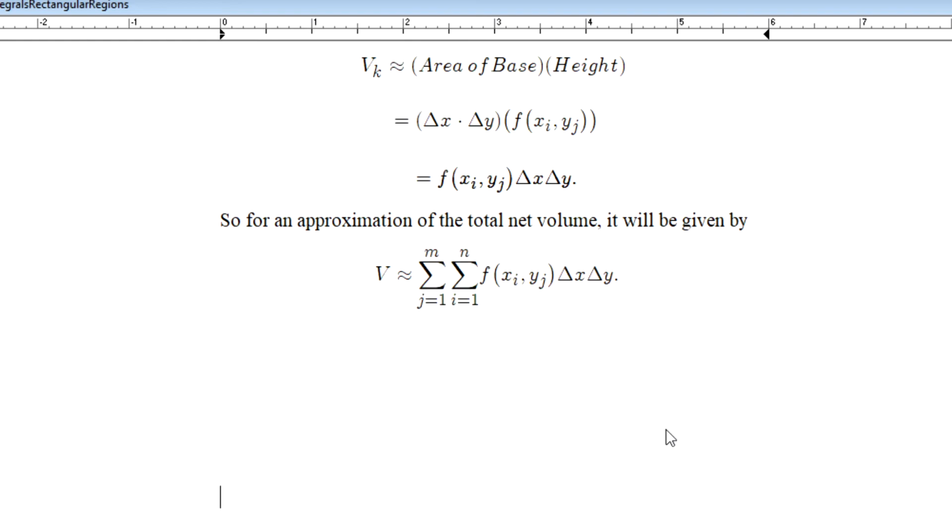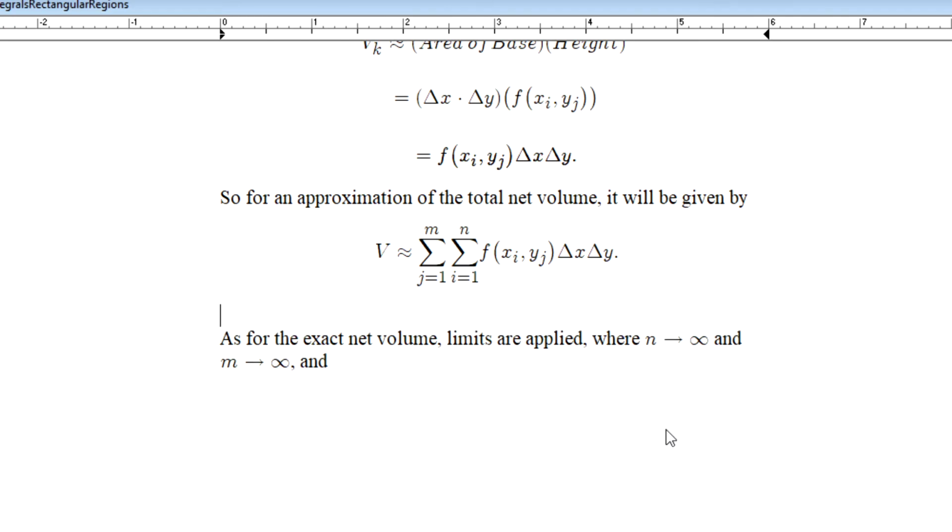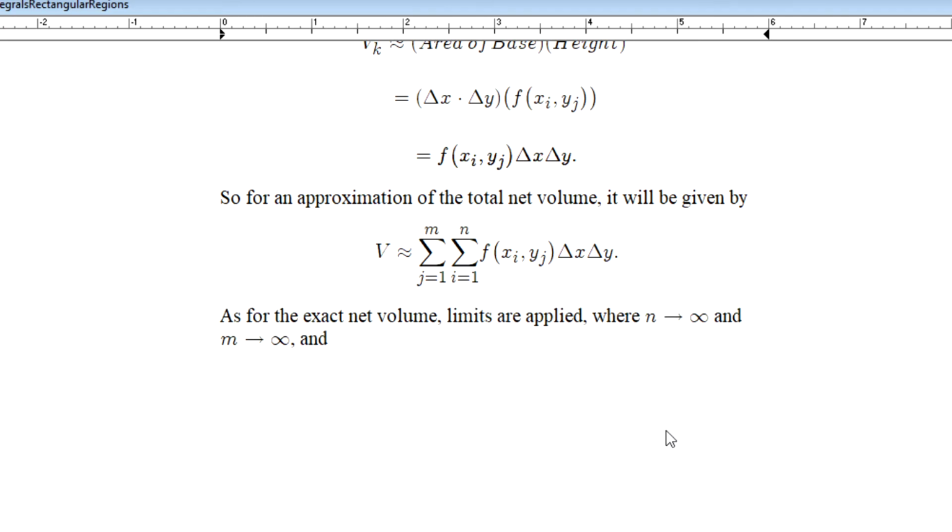Now, what can we say about that double Riemann summation? I do note that we can make it exact by applying some limits. A limit where n heads to infinity and m heads to infinity. Actually, we're going to end up applying two limits here, one for the case of n and one for the case of m.